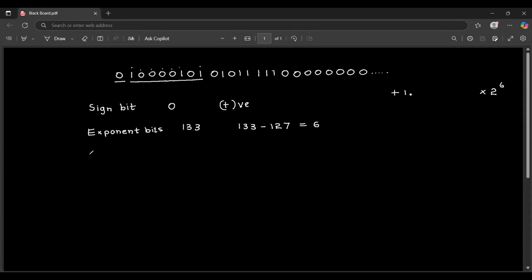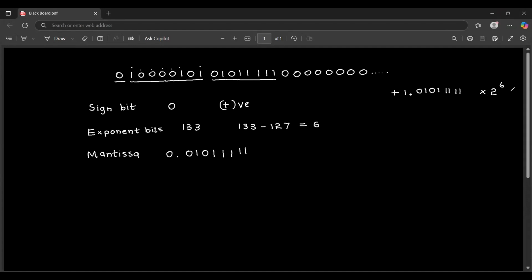That's the number. So now we are going to focus on the mantissa. What is the mantissa given here? Well, the mantissa is 0, 1, 0, 1, 1, 1, 1, 1, and then all zeros. So the mantissa is 0.01011111.